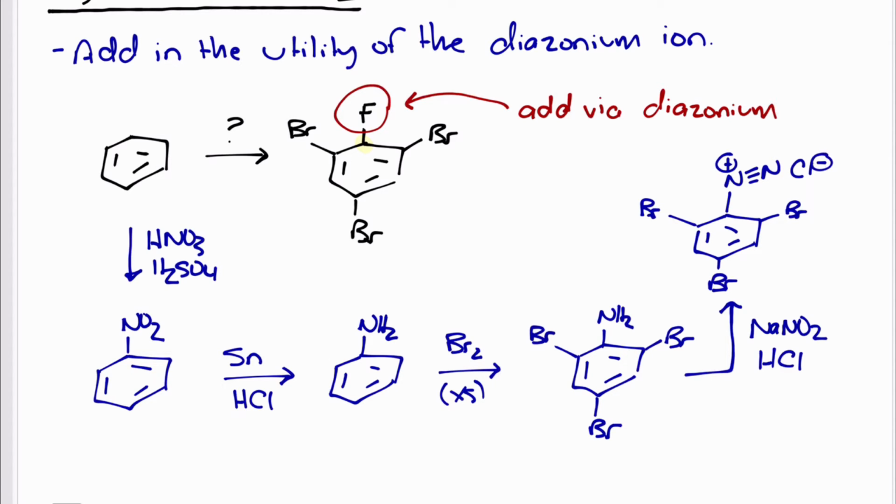And our counter ion, since we used HCl, is chloride. From here, to get to our final product, we just need to displace that diazonium ion with a fluoride, and the reagent for this is fluoroboric acid, HBF4. And that completes this synthesis.